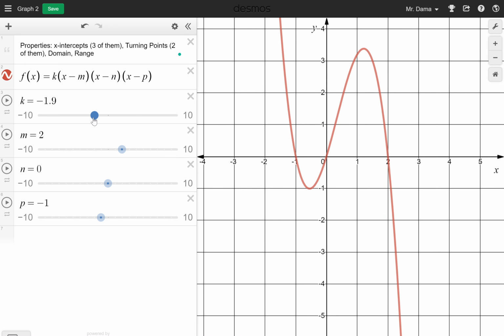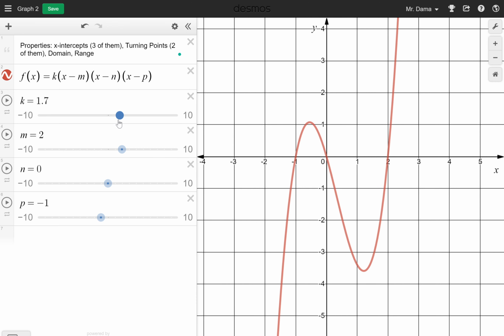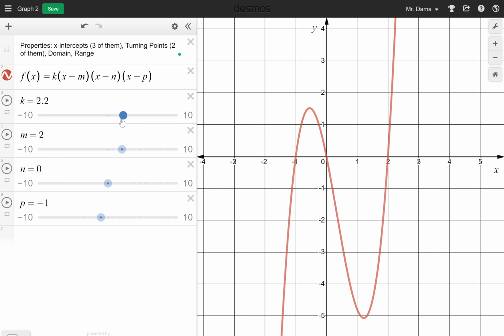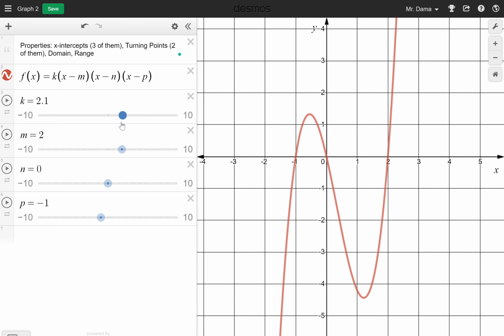And if k is negative, it's upside down. Same as before. But k is just a little bit more hypersensitive now. So you've got to be a little bit careful with how you do stuff with k. But I don't think it matters too much.